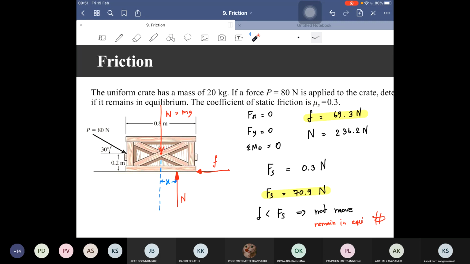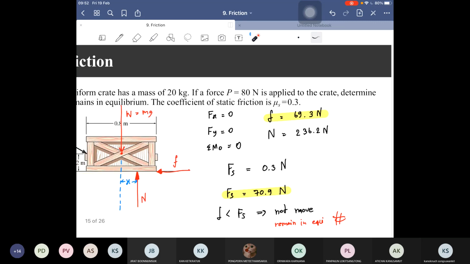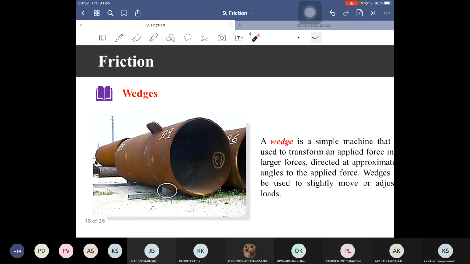All right, so here is the concept of friction force. Now we can use this concept of friction force to analyze machine parts that we always see in mechanical systems. For example, we will apply dry friction to the wedge that we always use in mechanical systems.